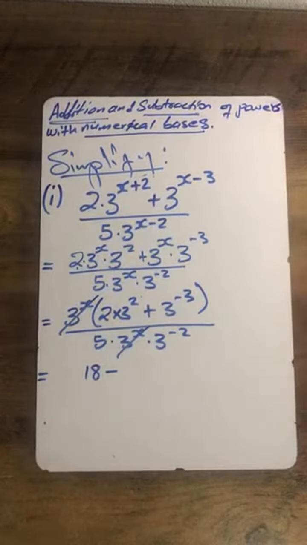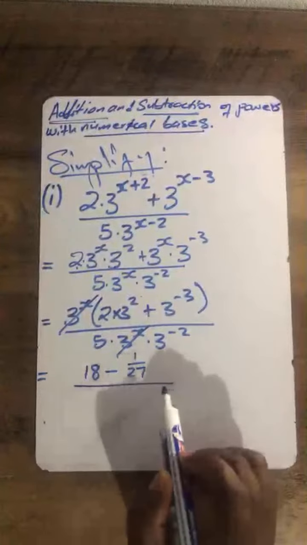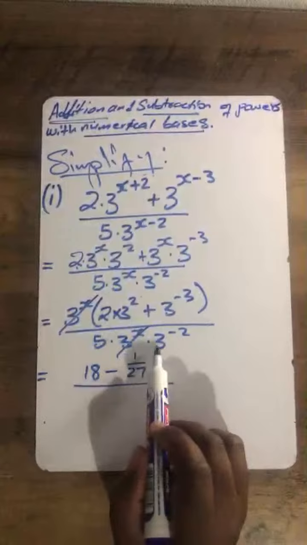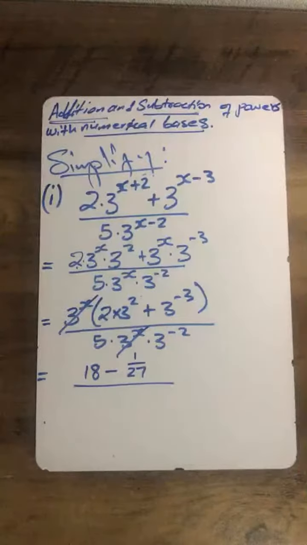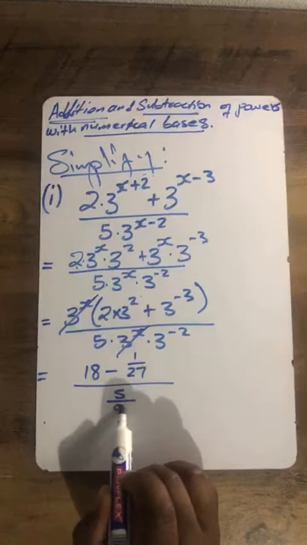I think it's 1 over 27. 3 to the 3, yes, it is 1 over 27. All of that over 5 times 1 over 9, 5 times 3 to the negative 2. Yes, it ends up being 5 over 9.